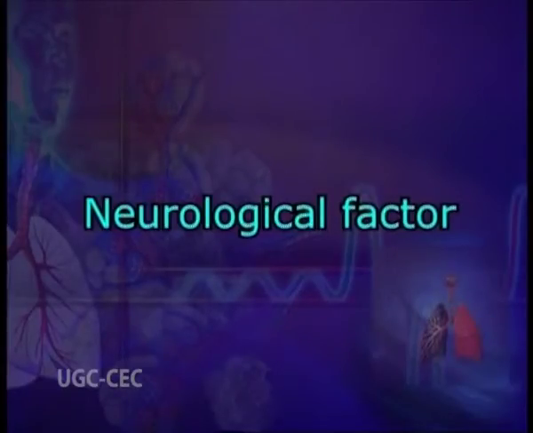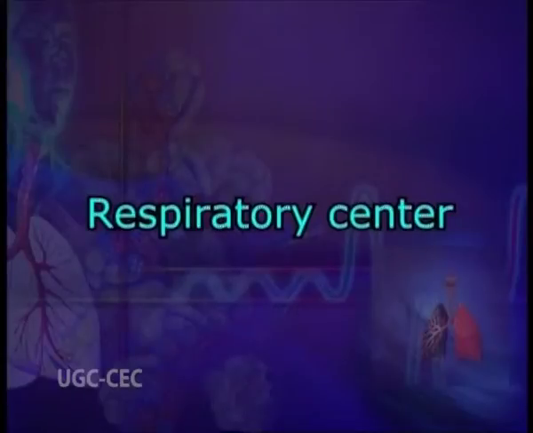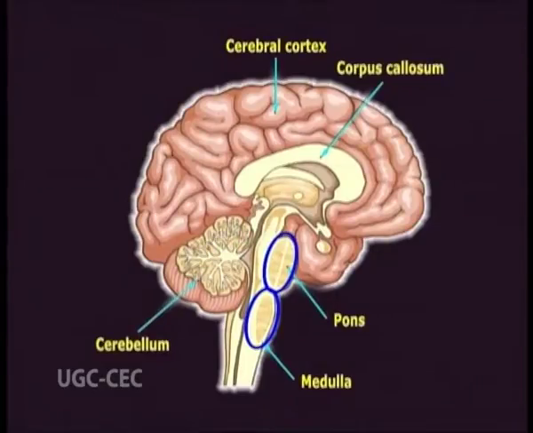Neurological factor. Breathing is controlled by a poorly defined group of neurons in the brain stem called the respiratory center. The components of this center are widely scattered throughout the pons and medulla oblongata.